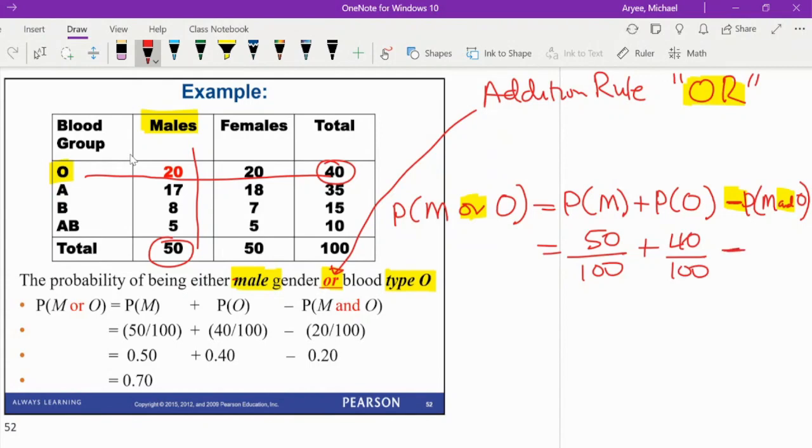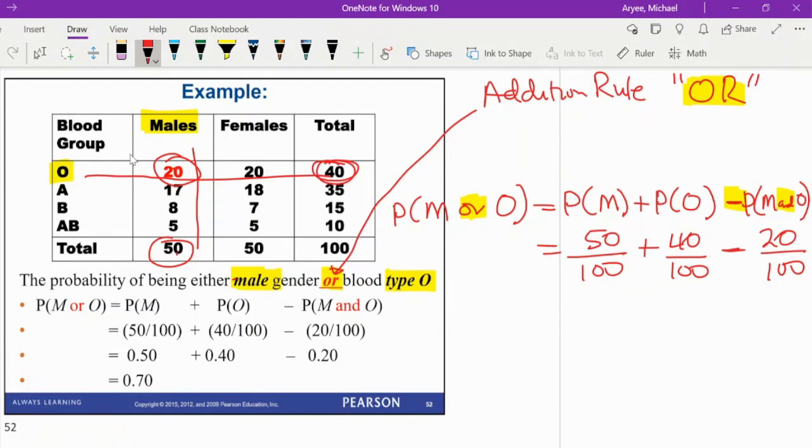So you're going to subtract what you've double counted, M and O. M and O is an overlap, so that is 20 over 100. And it makes sense, right? When you are adding the males, you included a 20 in the red here. When you are adding the O's, to get this 40, there's a 20 in there. To get this 50, there's that 20 in there. So 20 has been counted 2 times, so you are subtracting 1 out. Okay, so now you just work this out to give you your overall answer.